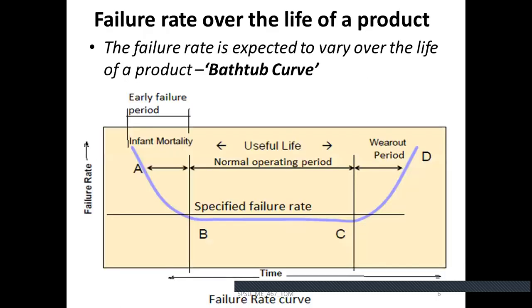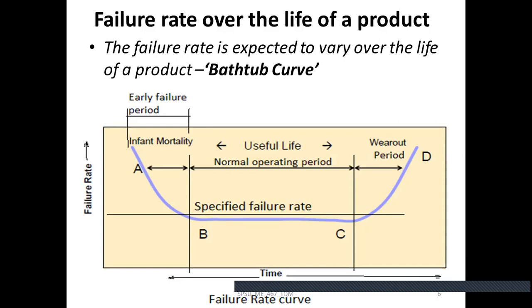Now the next is the bathtub curve, which shows the failure rate over the life of the products. The failure rate is expected to vary over the life of the products. This is for complex products, which often follow a familiar pattern of failure.